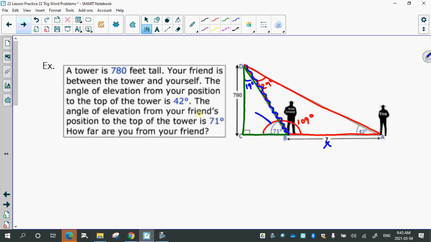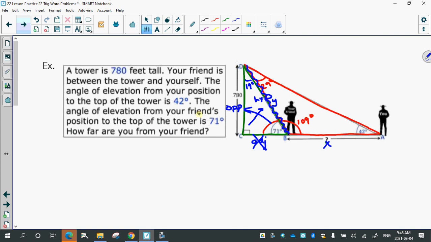So according to the 71 degrees, 780 is the opposite. The hypotenuse is what I'm trying to find. So I've already called this x, so I'll call the hypotenuse y. And then the adjacent, I don't know, but that's going to be the one I cross out. Okay, because I'm not trying to find it and I don't know it. So I need the ratio that has opposite and hypotenuse in it.